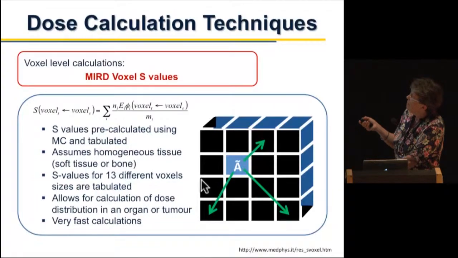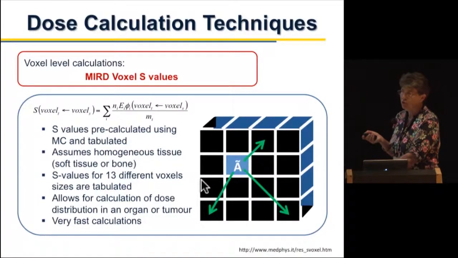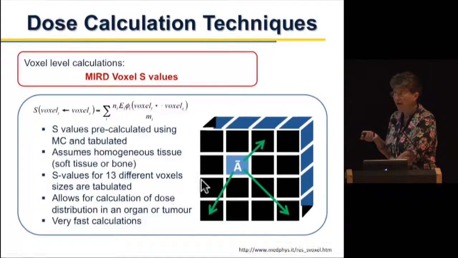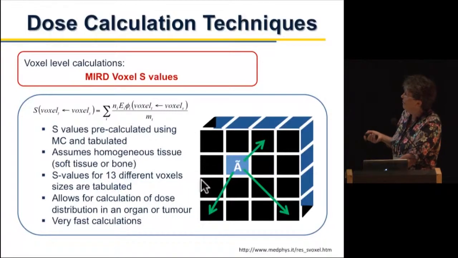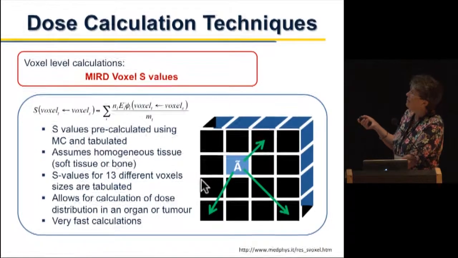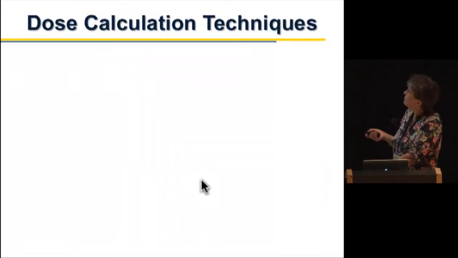And many different voxel sizes are tabulated. This model assumes homogeneous tissue. This could be water or soft tissue or bone, which works pretty well for the abdomen area. Those are also very fast calculations, and those can be much more modeled towards the patient. Again, this is based on Monte Carlo.